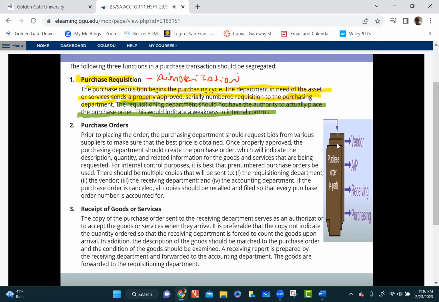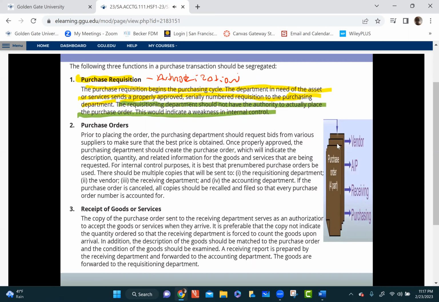Remember, we want to separate what? Authorization, record keeping, and custody. As we go through and talk about these various departments, I'm going to keep calling back to you, hey, is this authorization, record keeping, or custody? So if we're talking about a separation of duties and internal control, and this being an authorization function, what's the potential misstatement?